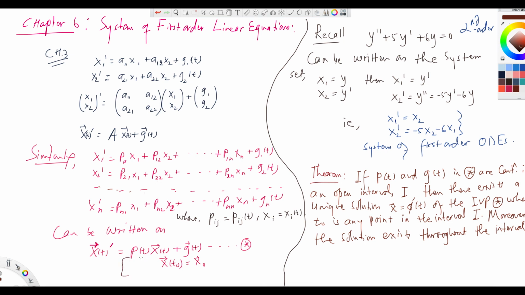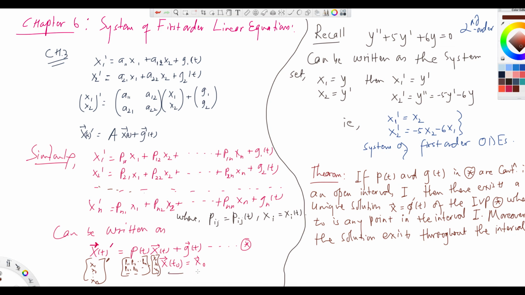So this is also another matrix, times x(t), which is the column x1, x2, up to xn, and plus G, which is the column g1, g2, g3, g4, g5 like that.